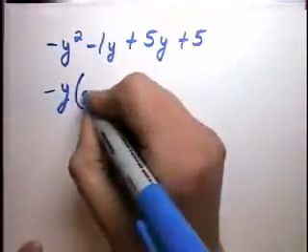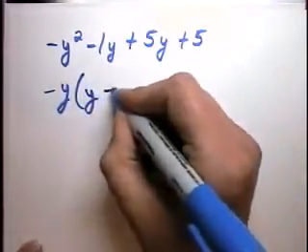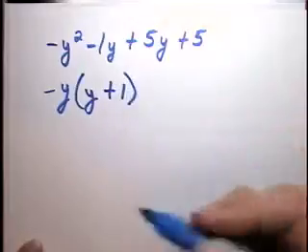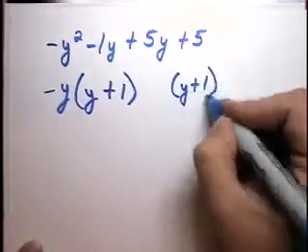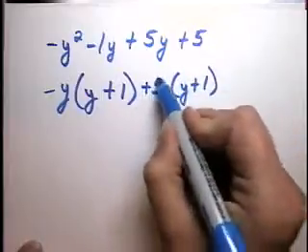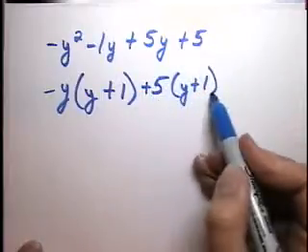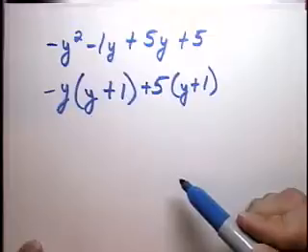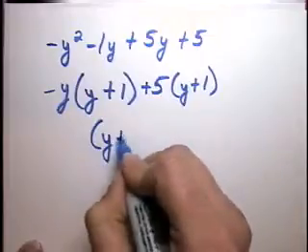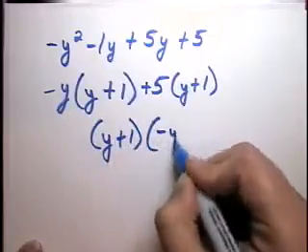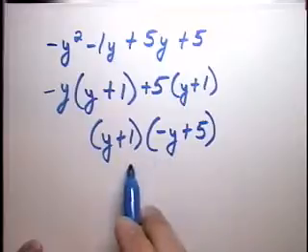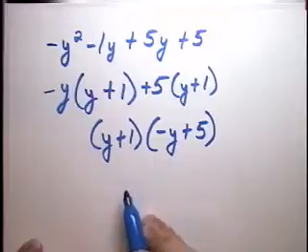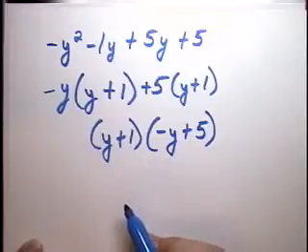If I do that, that'll leave me with y and a plus 1. In order to get the y plus 1 to match over here, I would have to divide out a 5, 5y plus 5. So now my answer would be y plus 1 times -y plus 5. And if you multiply those two binomials together, you will get the trinomial that we started the problem with.